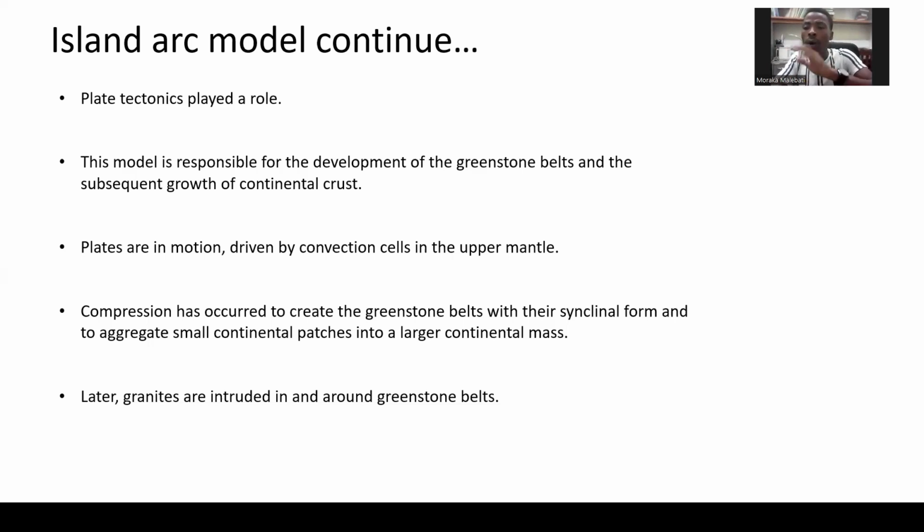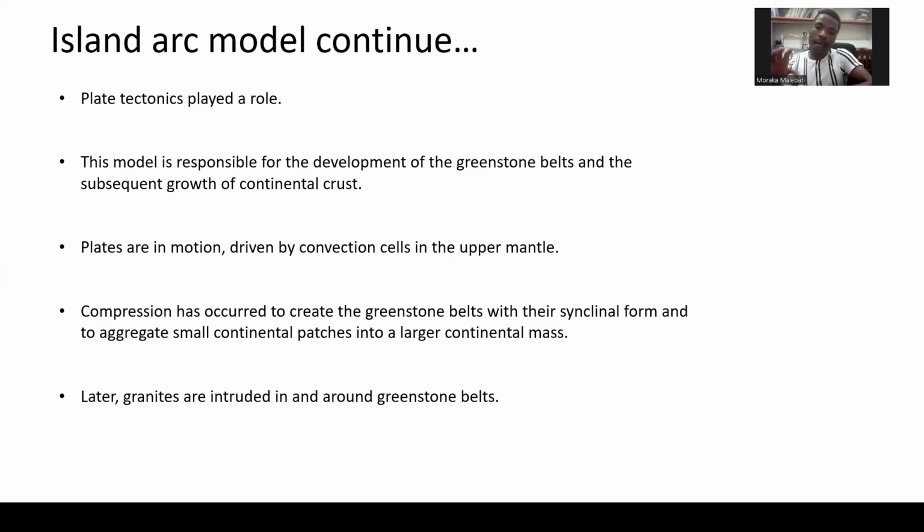All right, which is why we say this model does not only explain the formation of the greenstone belts, but also the growth of the continental mass.